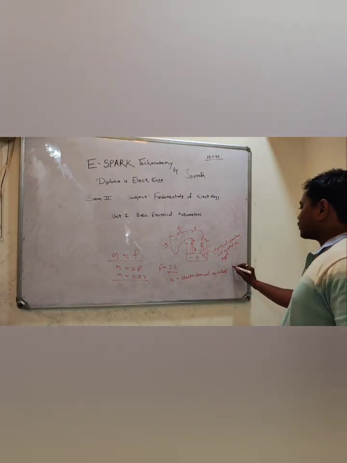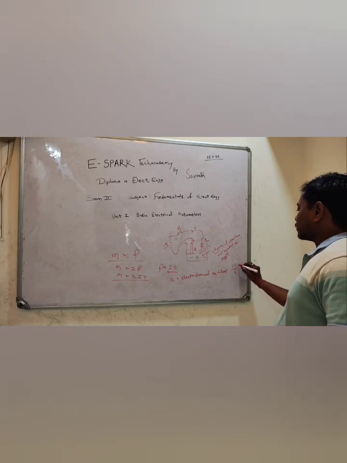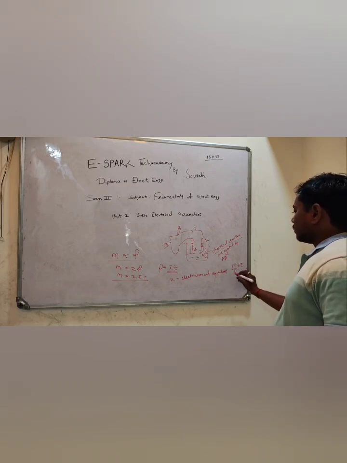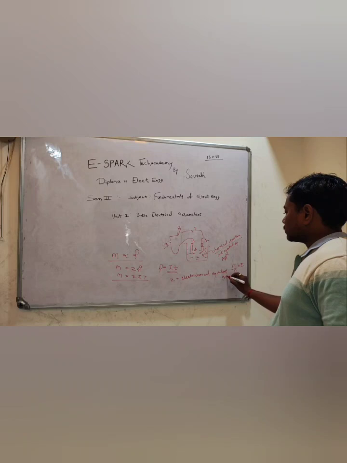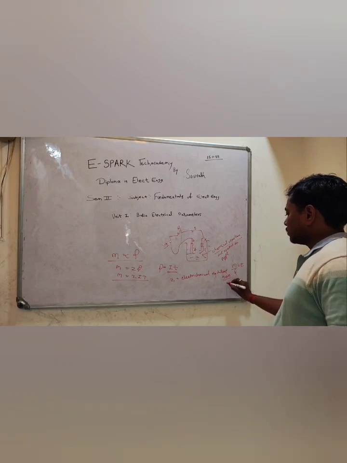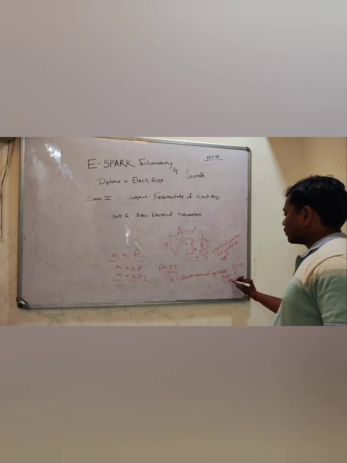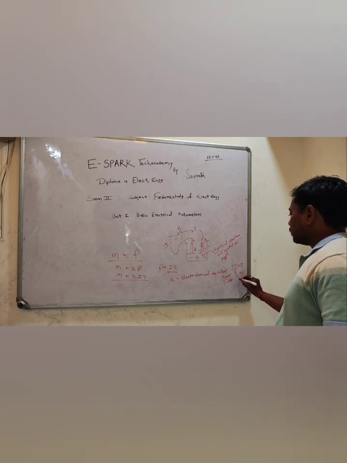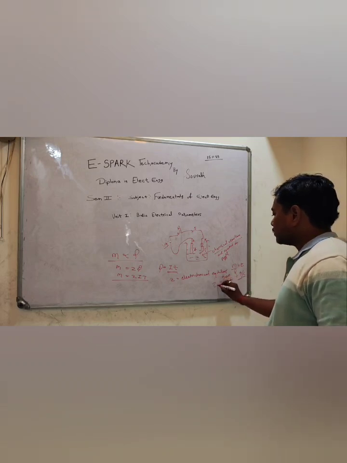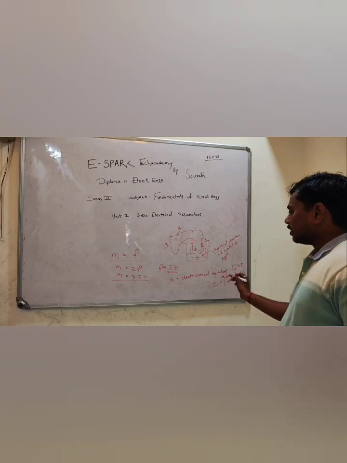Z is mass divided by charge. Now mass will be in grams and Q will be in coulombs. That's why gram per coulomb will be the unit of Z, the electrochemical equivalent.